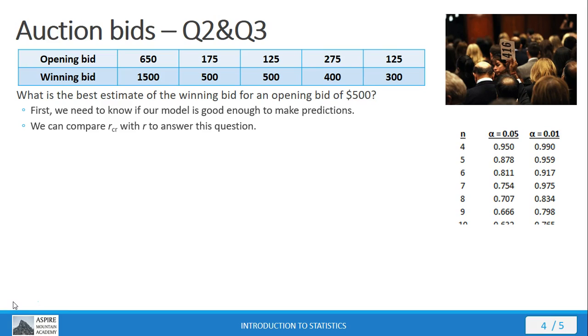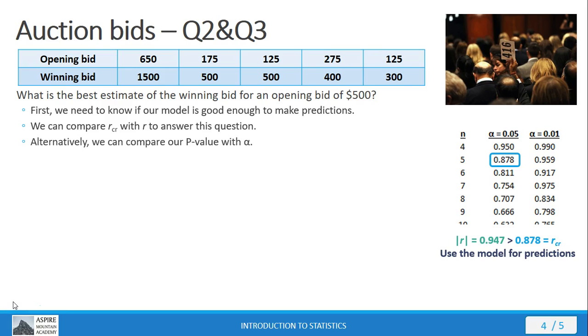And we've got 5 pairs of data, and we're looking at a 5% significance level. So that means 0.878 is going to be our critical R value. The R value we get from our data is 0.947. So we're going to clear the bar, and that means our model is good enough for making predictions because we have statistical evidence of linear correlation.